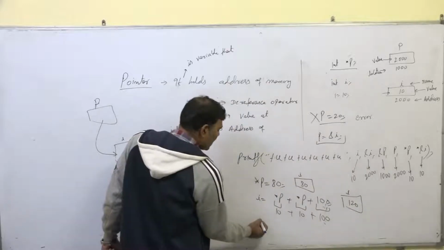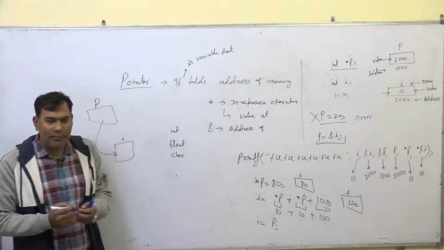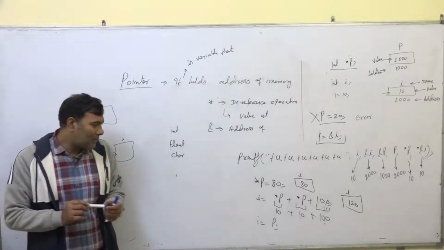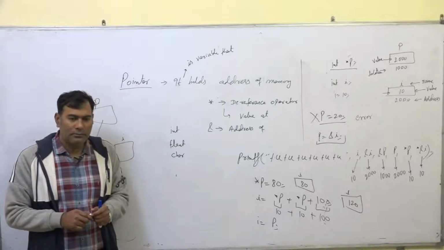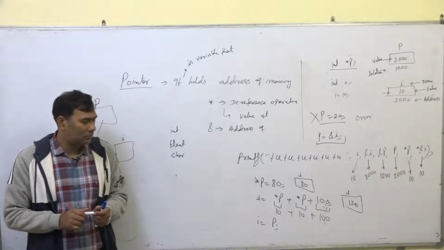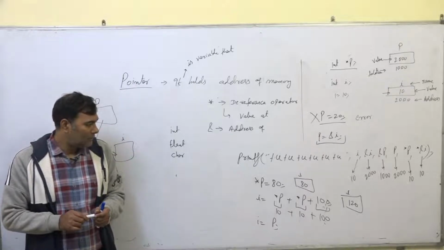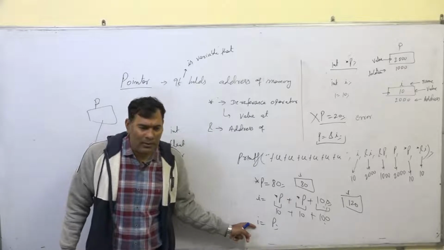Let someone say I equal to P. So what kind of value can I hold after this line? I is a very normal variable. P is what?